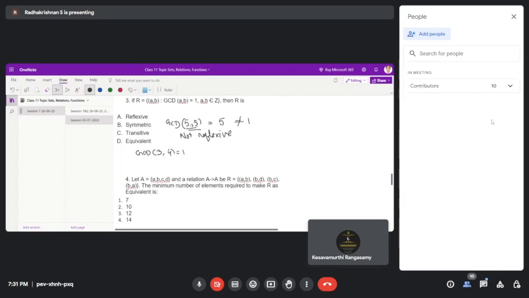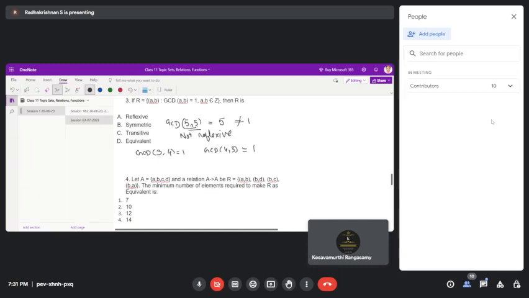Let us put it the other way. If 3 is related to 4, then is 4 also related to 3? If 3 and 4 are co-prime, then what about 4 and 3? GCD doesn't matter whether you take it between 3 and 4 or 4 and 3, they will be the same. For any two numbers, whichever order you put, the GCD will be the same.